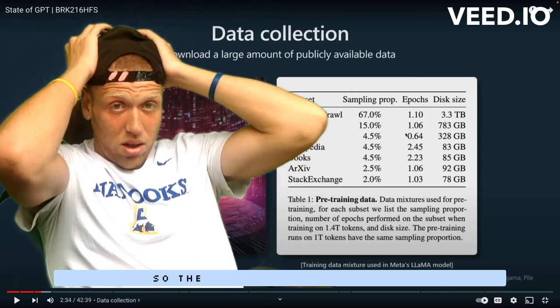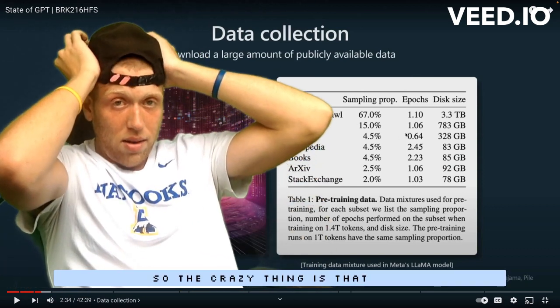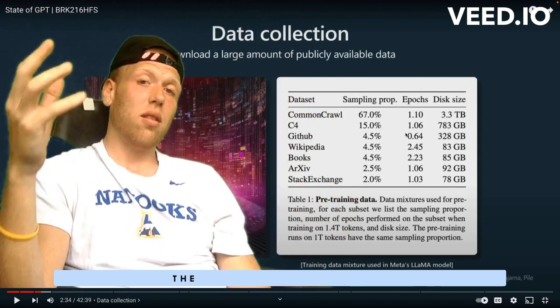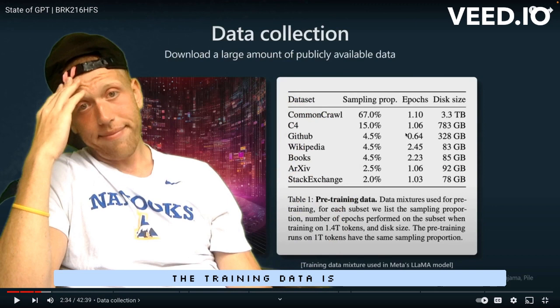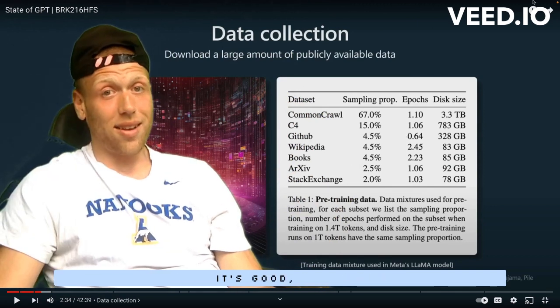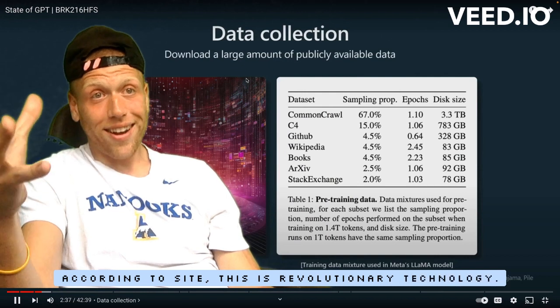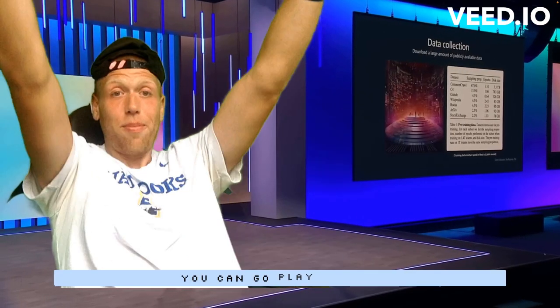So the crazy thing is that the training data for GPT is a lot. It's good, guys. It's really good. This is revolutionary technology, and it's here. You can go play with it.